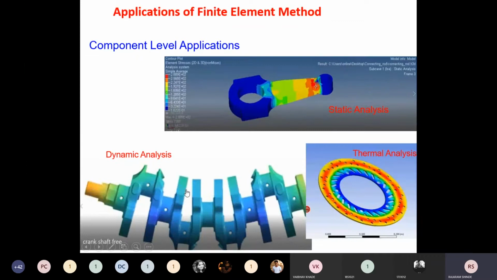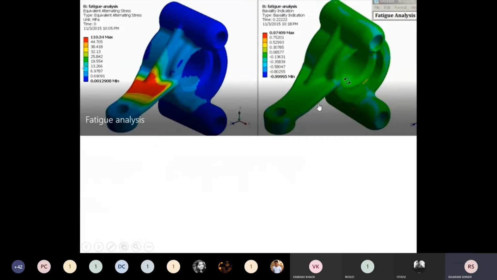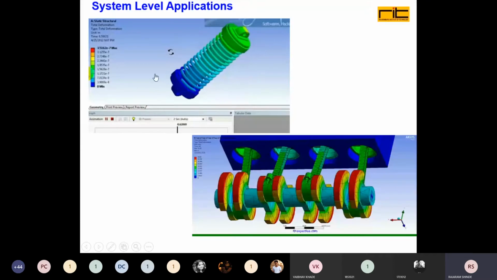This is a static analysis. We can also do dynamic analysis and thermal analysis of the components. We can do fatigue analysis, that is, we can find the fatigue life by using the finite element method. This is a very huge list; I have listed some examples. Some applications are at component level, some at system level. We can analyze shock absorbers, and predict how they behave under dynamic loads.